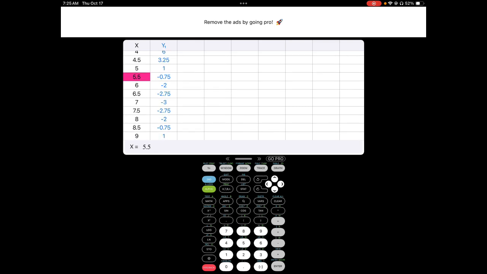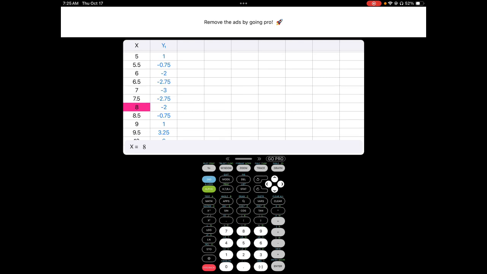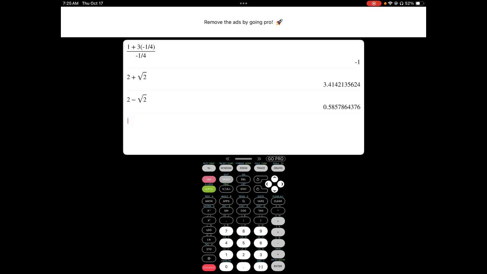And then the other one is between 8.5 and 9. So that's how we can narrow it down and make sure that we did it correctly. So now go to our home screen, and we're going to put in 7 plus square root of 3. That's 8.73.